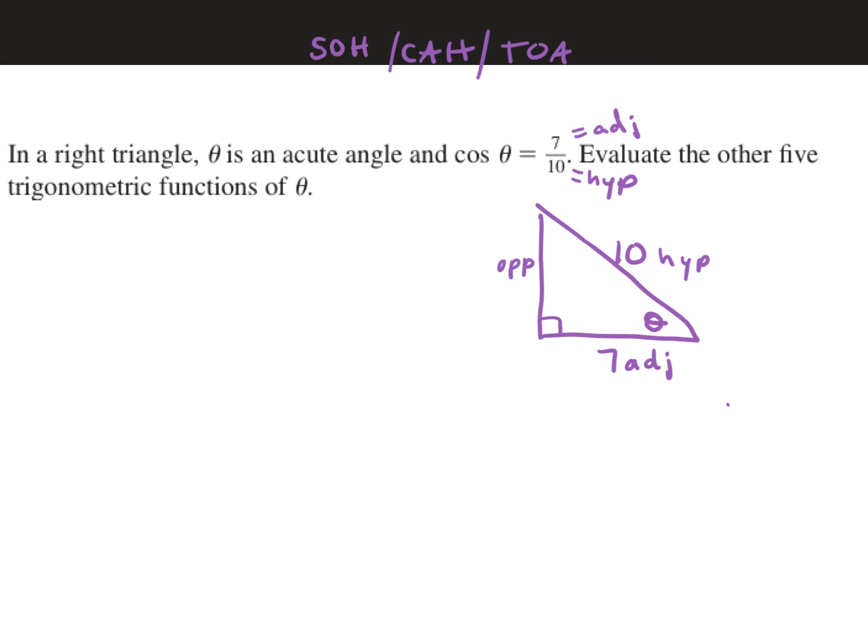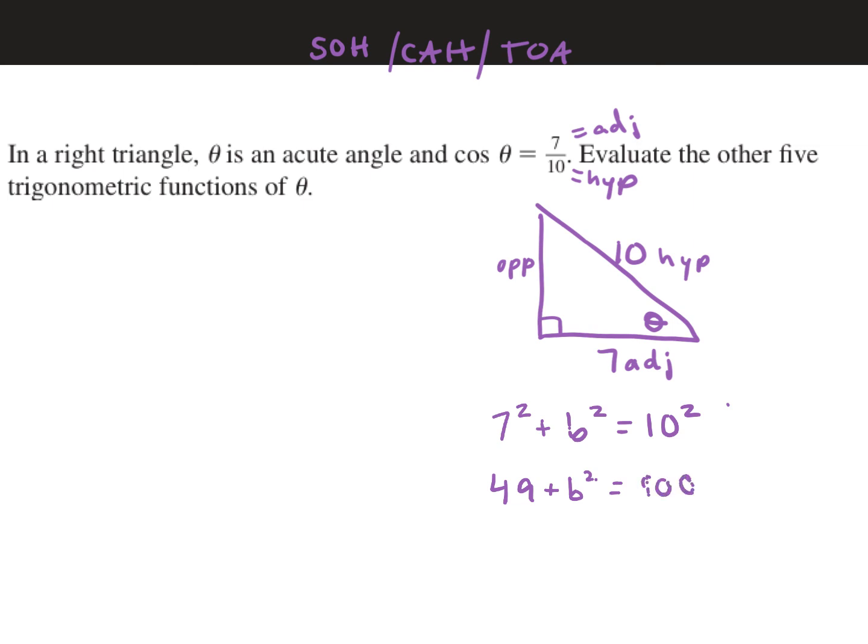How do we find our opposite? Pythagorean Theorem. So we have 7 squared plus b squared is equal to 10 squared. So we have 49 plus b squared is equal to 100.